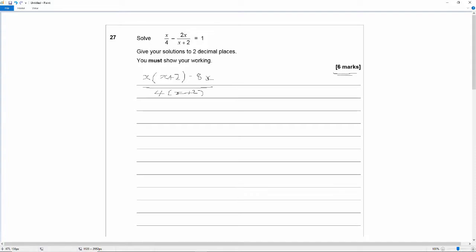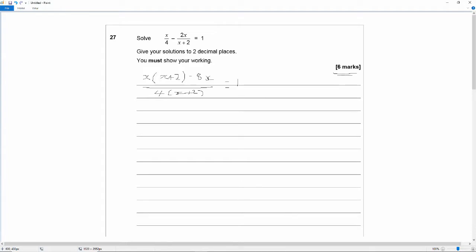So basically what I've done is I've multiplied the top and bottom of x over 4 by x plus 2, and I've multiplied the top and bottom of 2x over x plus 2 by 4. And we know that all of that is equal to 1. I'm hoping I can find something that I can cancel, but let's expand out the brackets, at least on the numerator anyway. The denominator's already factorized nicely, so I'm leaving the denominator alone.